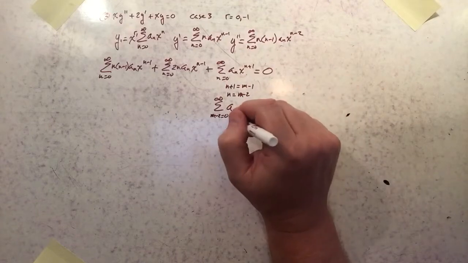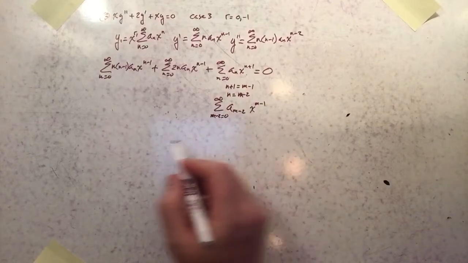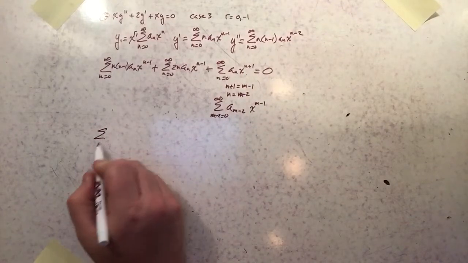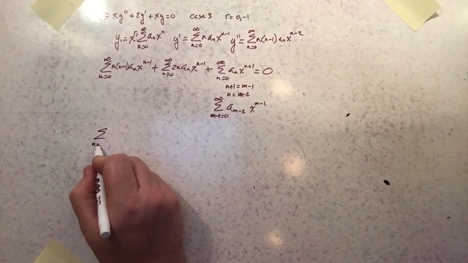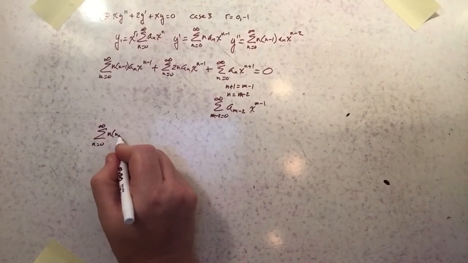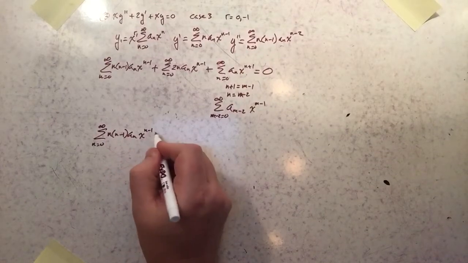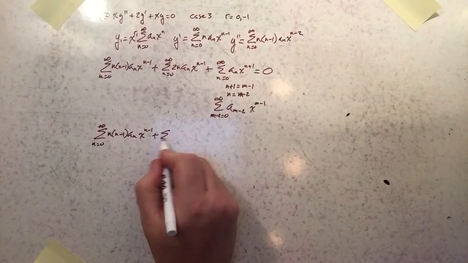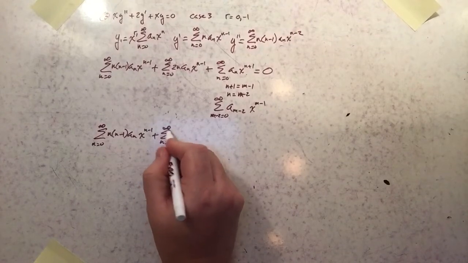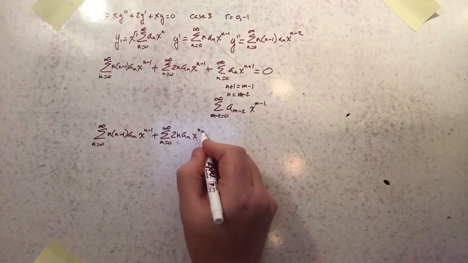Okay, let's rewrite this in terms of n's so we can put the whole series together. We'll have the summation n equals 0 to infinity. The first term's unchanged, n(n-1) a_n x^(n-1). The second one's unchanged, the summation n equals 0 to infinity of 2n a_n x^(n-1).